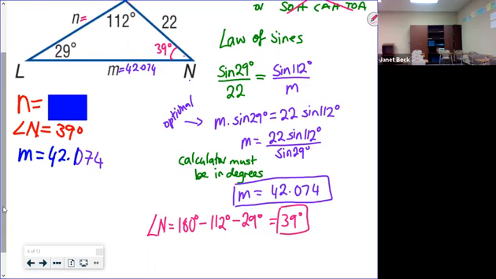And now we can go back to this ratio we started with. Sine of 29 divided by 22 is going to be the sine of 39 divided by n. Okay? Use the law of sines again.